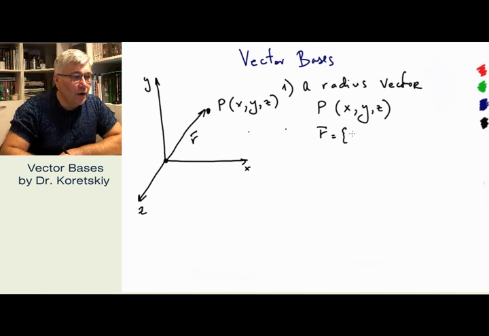So P has coordinates x, y, z. A radius vector has components, the same numbers, x, y, z.